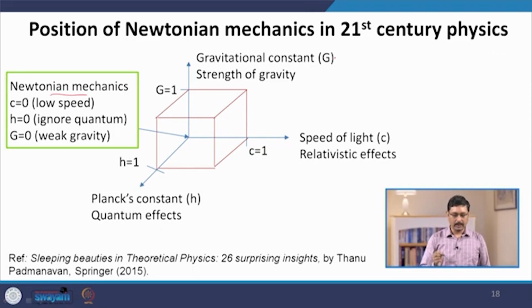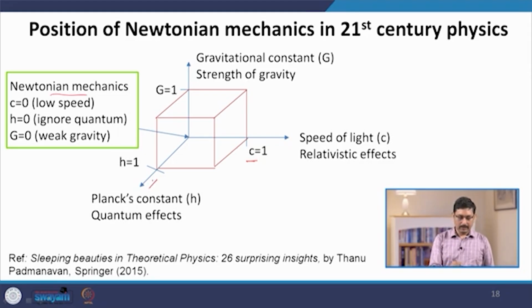So, in this picture I have drawn three axes. Along each axis I have drawn one particular fundamental universal constant. It does not matter which one is your x, y, z. This axis represents c, which is the speed of light.